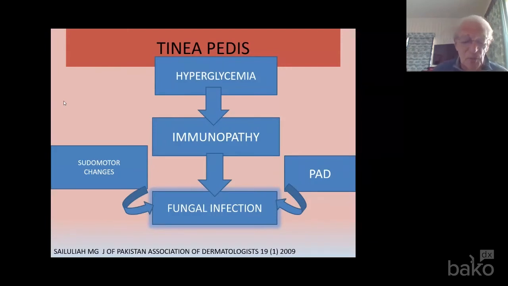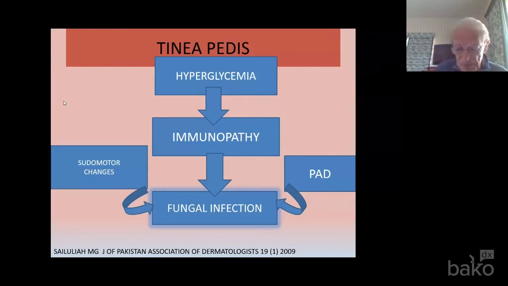These changes are more prominent in the diabetic patient because we have the effects of hyperglycemia on the immune system and on the skin. So we have a relative immune suppression in the diabetic patient, particularly those, as you know, who are poorly controlled. We then have pseudomotor changes because many of these patients have diabetic autonomic neuropathy and they've lost innervation to the sweat glands and their skin becomes extremely dry.